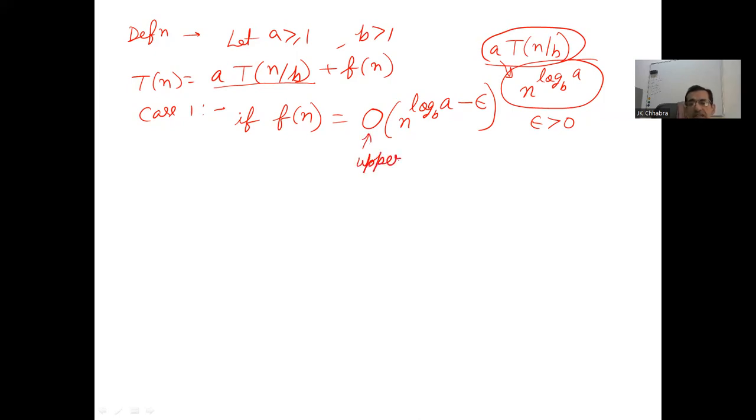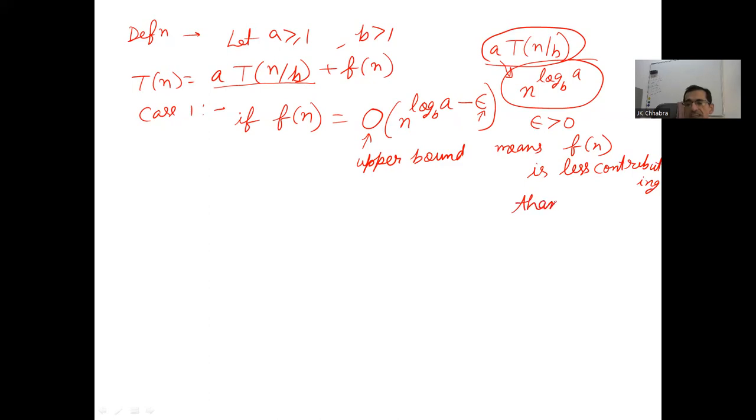So in any situation, it is guaranteed that Fn will never be more than n power log b a minus epsilon, meaning that Fn is less contributing than n power log b a.